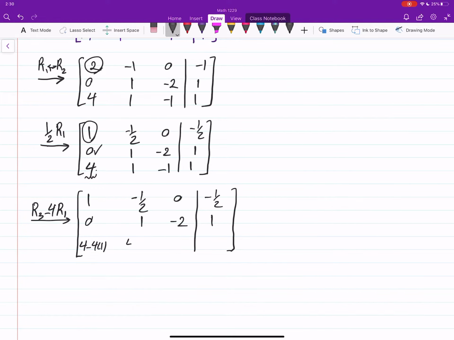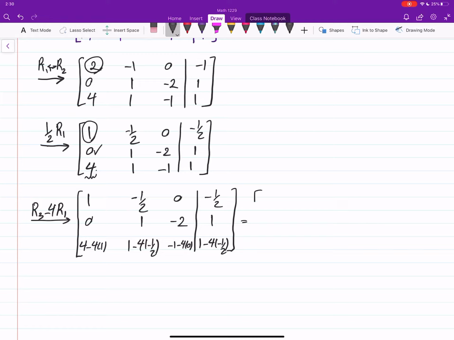This is 1 minus 4 times -1/2, and this is -1 minus 4 times 0. How about this one? 1 minus 4 times -half.